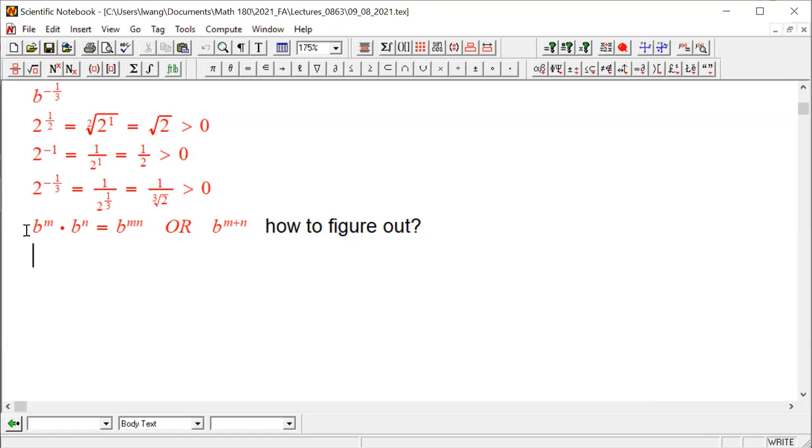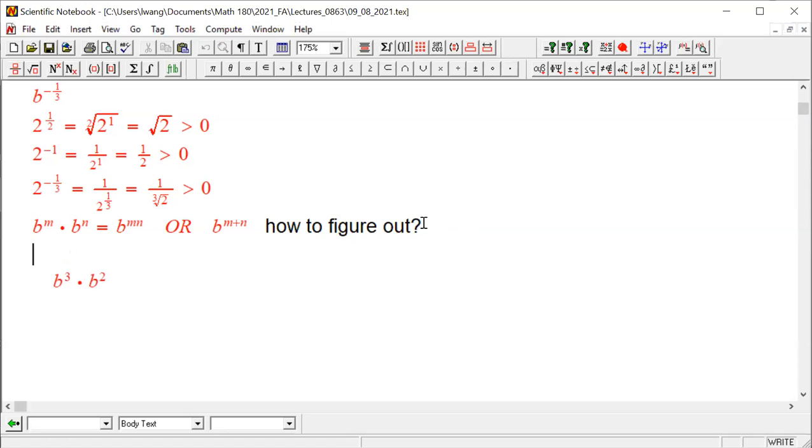For example, what does b to the power m multiplied by b to the power n mean? Take an example, put a 3, put a 2. This is not a proof, this is just an anecdote, but it will be a place to start.